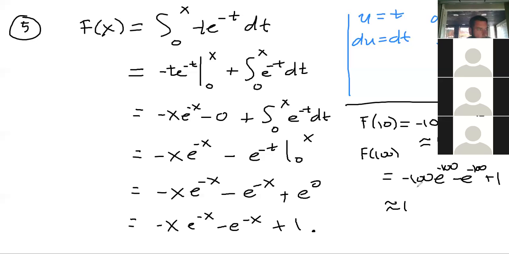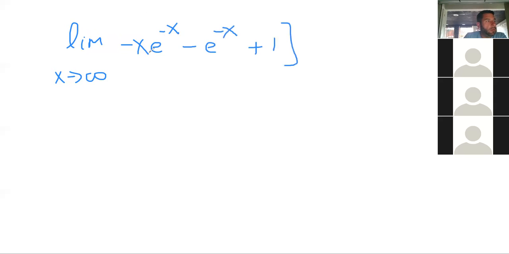And so since this is an expression in x, we can take the limit as x goes to infinity. And so if you take the limit of this, negative x e to the negative x minus e to the negative x plus 1, this limit equals 0 minus 0 plus 1, which is 1. Now, there is one subtlety.